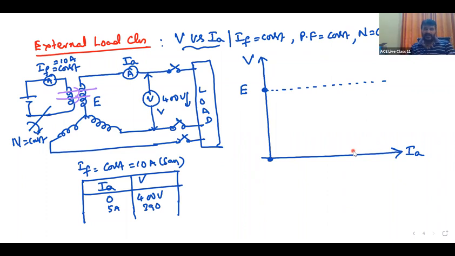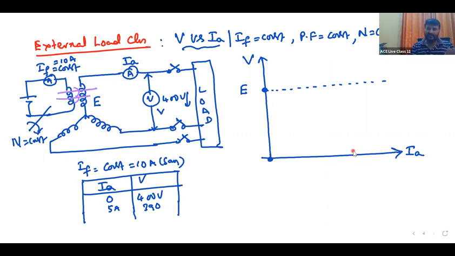I am not changing any field current, dear students; field current is kept constant. So no load condition is 400; when load increases, voltage decreases to some 390 volts, say. If you want, you can maintain 400 by increasing the field current, but I don't want to increase the field current. Field current is kept constant.